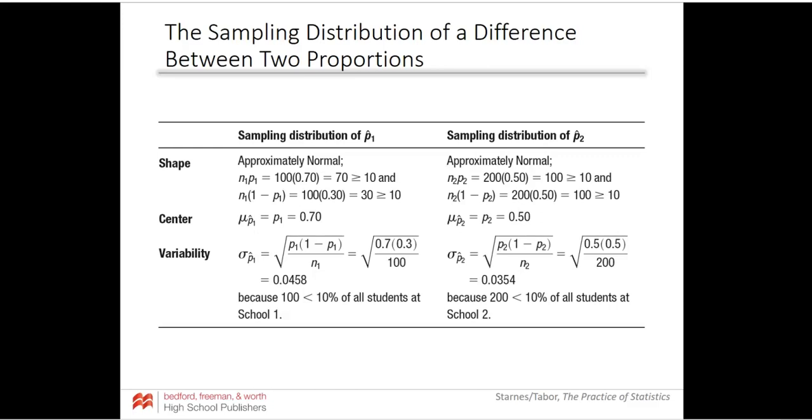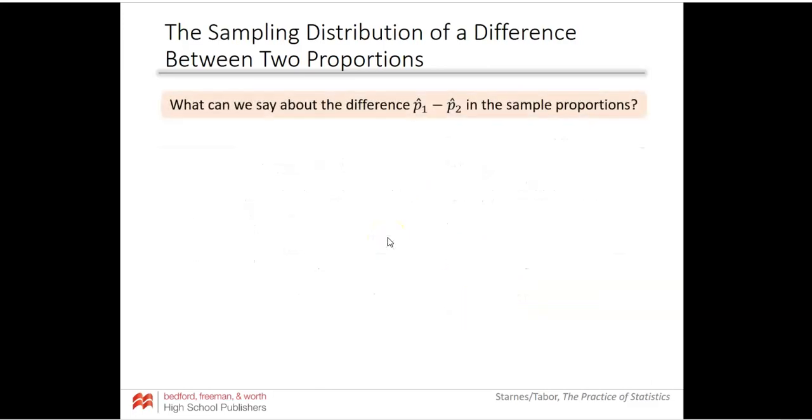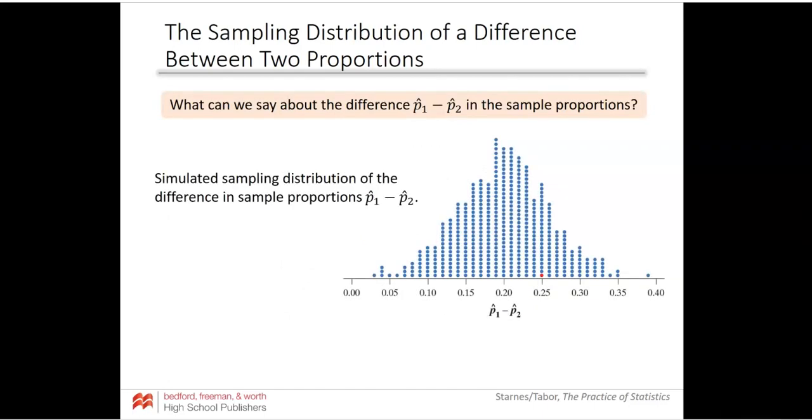So because 100 is less than 10% of the students at this large school with over 1,000 students. Same thing for this one. Hopefully that's less than, if it's a college or a larger school, like Iowa or something, then 200 is less than 10%. So assuming it passes all those, what can we say about the difference in the sample proportions?